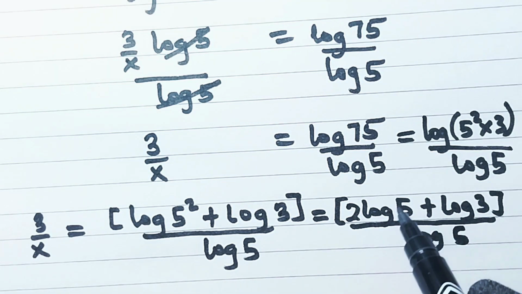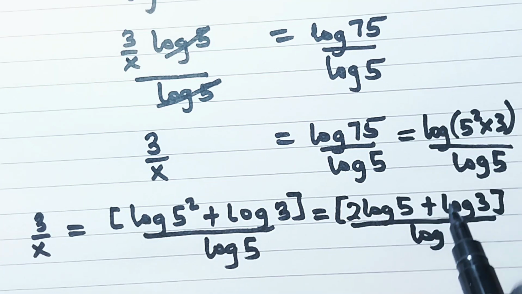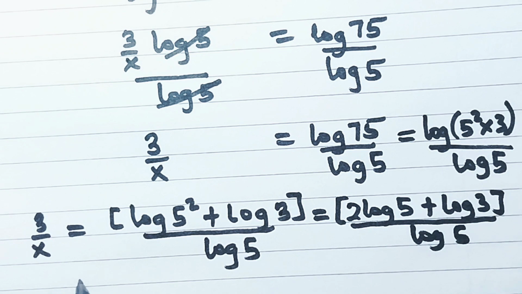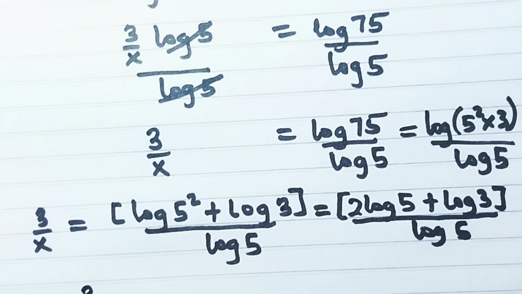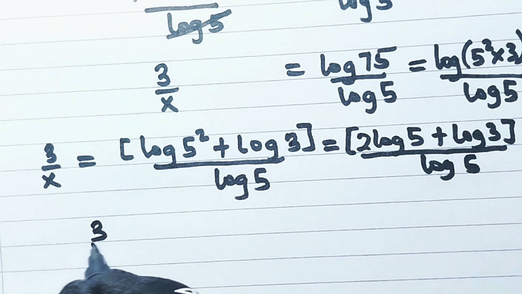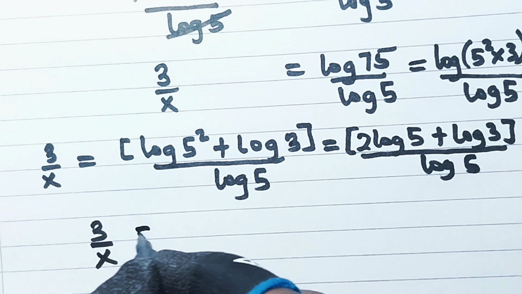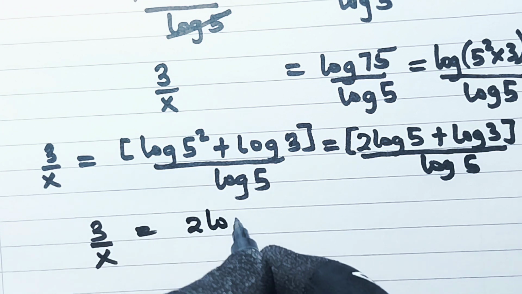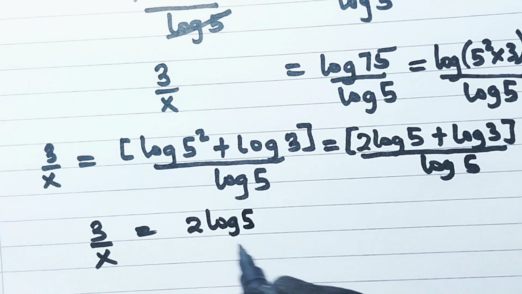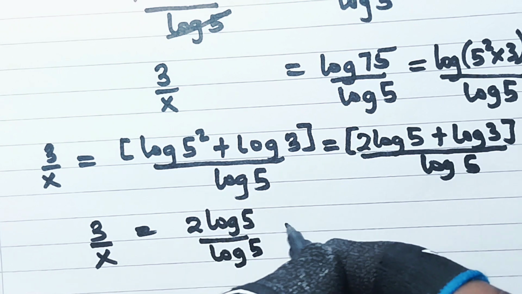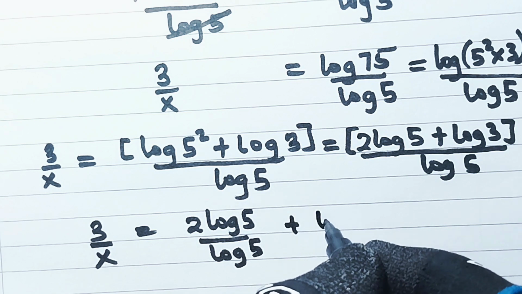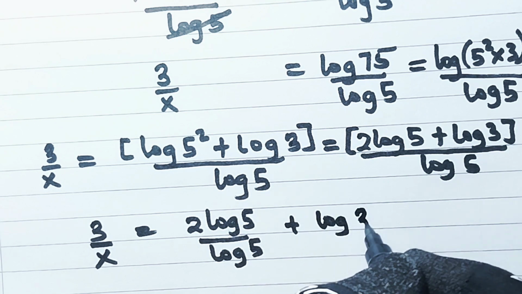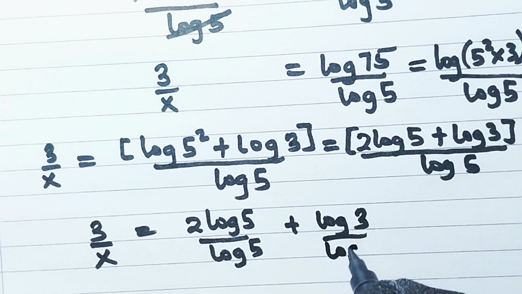So I can separate this addition to give me 3 over x equal to 2 log 5 divided by log 5, then plus log 3 divided by log 5.